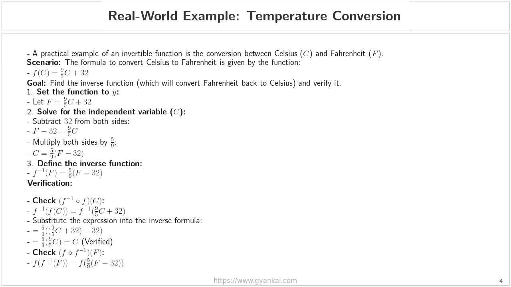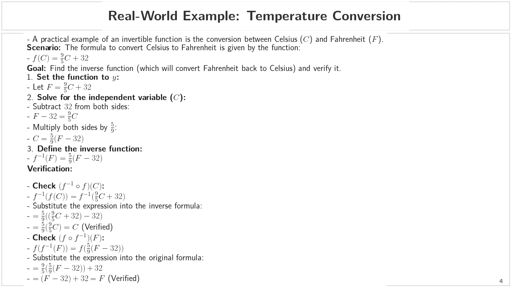Second, we must check the composition of f and f inverse of f. We substitute the inverse expression into the original function. This gives us f of the quantity 5/9 times the quantity f minus 32. Substituting this into the original formula, we get 9/5 times the quantity 5/9 times the quantity f minus 32 plus 32.